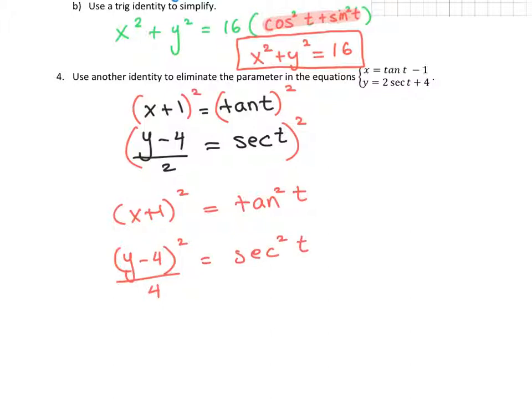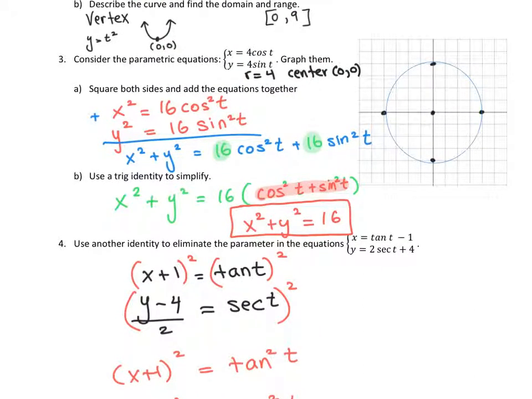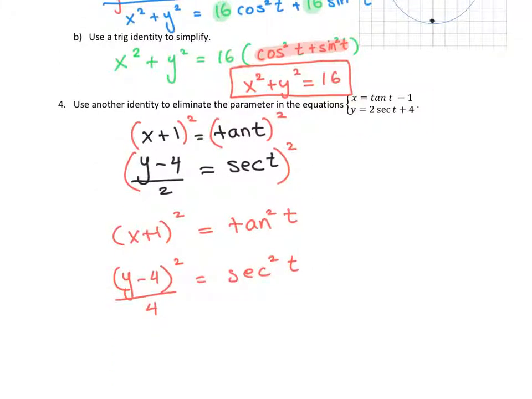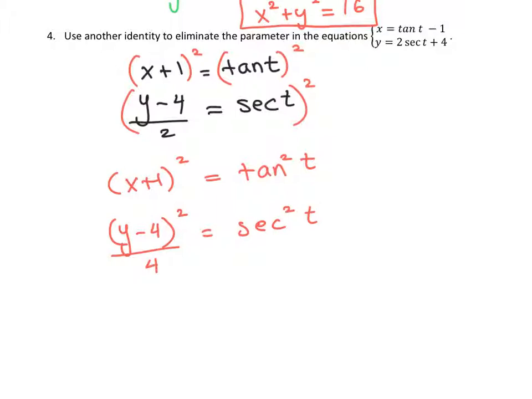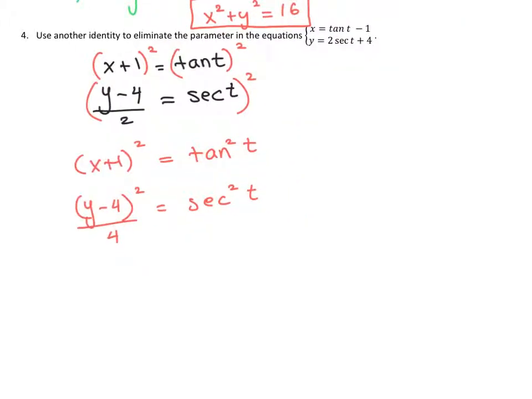Now, before I continue, I need to review something with you. In a circle, I added them because I know that cosine squared plus sine squared equals 1. In an ellipse, I add them too. But in here, I have secant squared and tangent squared. So what is the trig identity that I know that will help me set this equal to 1? It's secant squared t minus tangent squared t equals 1.